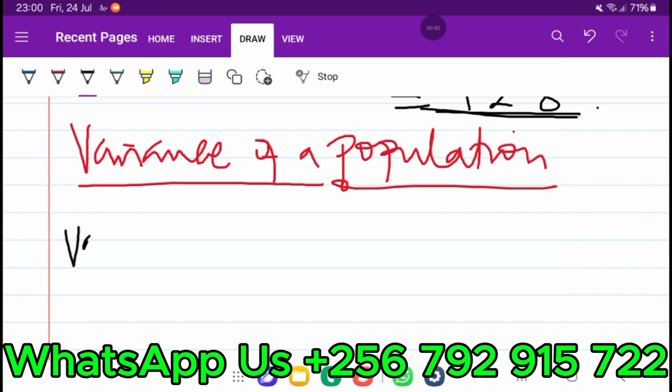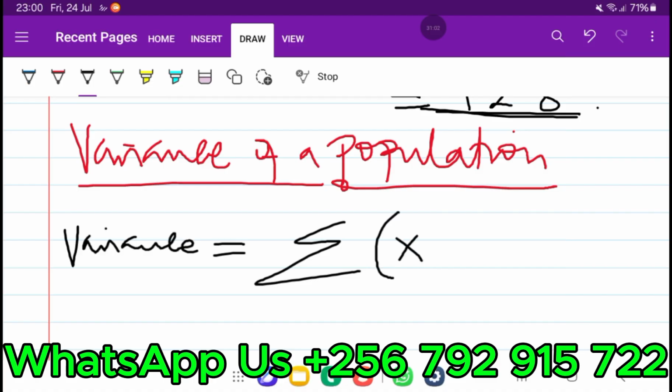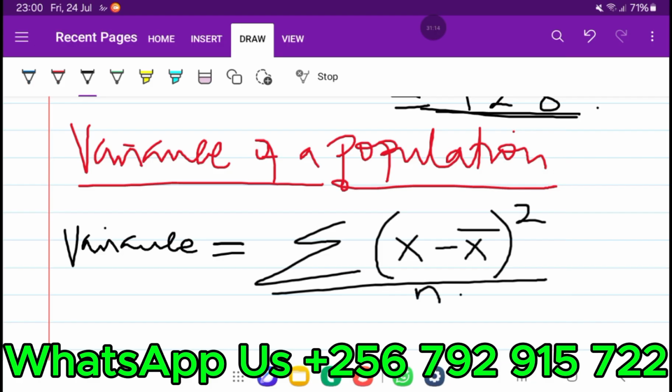In other words, if you are looking at variance of a population, the formula will be summation of, even if we don't put the absolute, because these values are going to be squared anyway, x minus x bar, bracket squared, over n, where x bar is the mean.